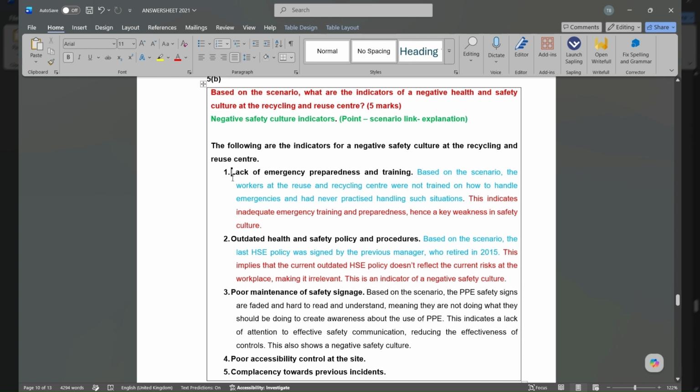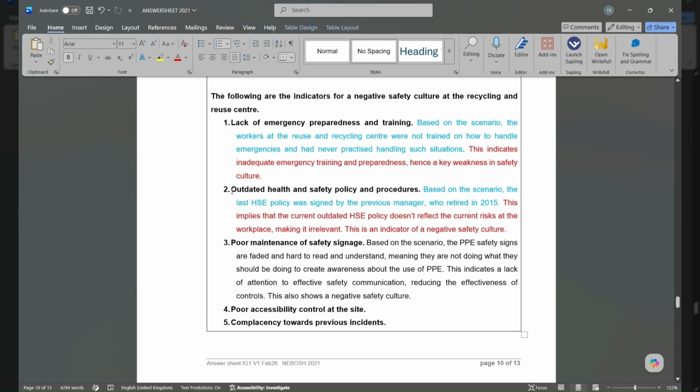Okay. Number 2, outdated health and safety policy and procedures. Again, the scenario link: based on the scenario, the last HSE policy was signed by the previous manager who retired in 2015. This implies that the current outdated HSE policy does not reflect the current risks at the workplace, making it irrelevant.